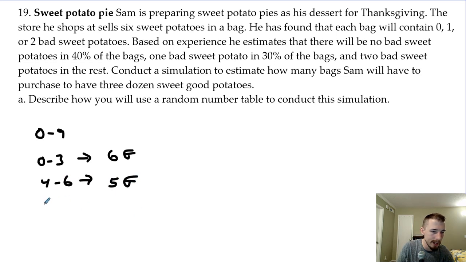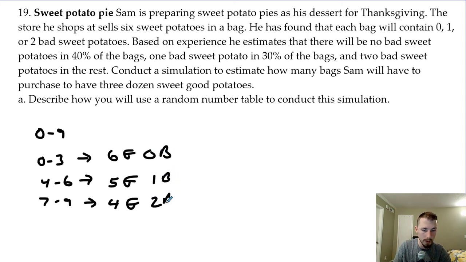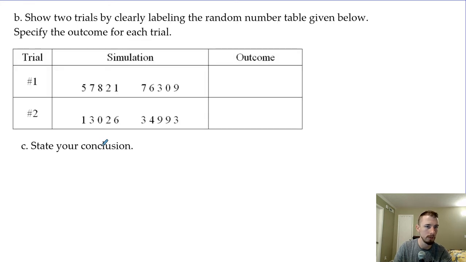And then all the rest are going to be 7 through 9, which are going to have 4 good, which are going to be 2 bad sweet potatoes. So you can look at this from the positive, from good, or the number of bad, which would be 0 bad, this one would be 1 bad, either way, or 2 bad. Okay, cool. So that's how we're going to assign the outcomes of the trials. The wording on this is so critical. All right, and annoying.